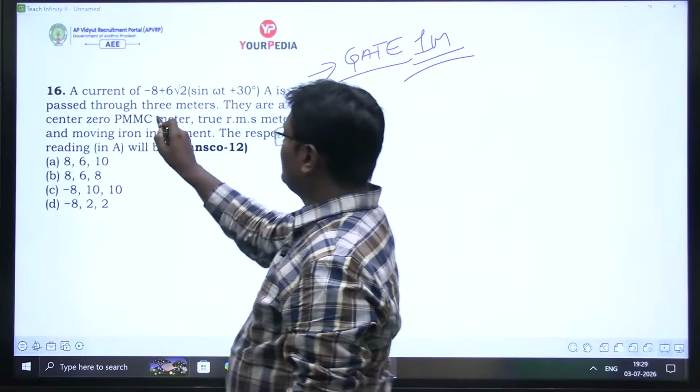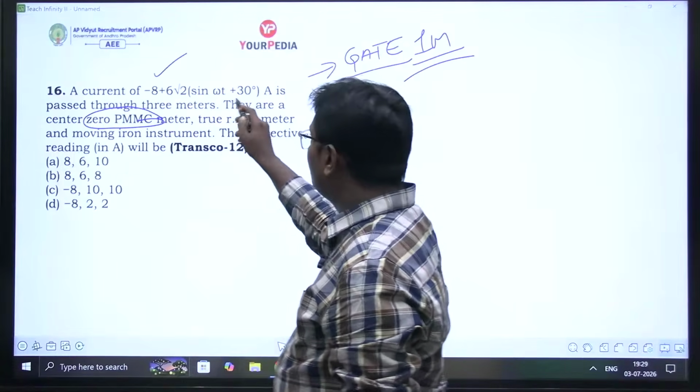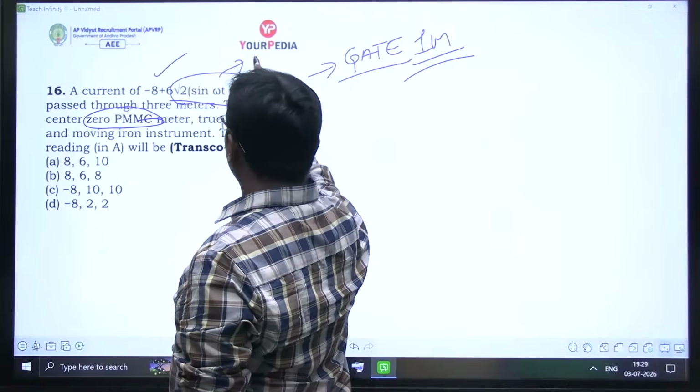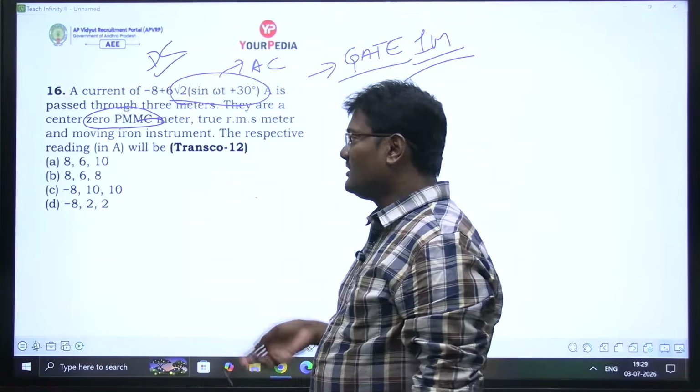See here, the PMMC instrument reads 8. This sine component is the AC component, and this is the DC component, so it indicates 8 amperes.